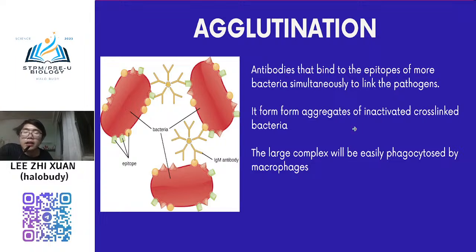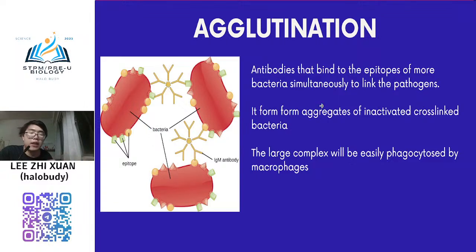And then another one, agglutination. Agglutination is like a clamping process. The antibody will bind to the antigen on the surface of the bacteria, and then it will aggregate all the pathogens in one place.